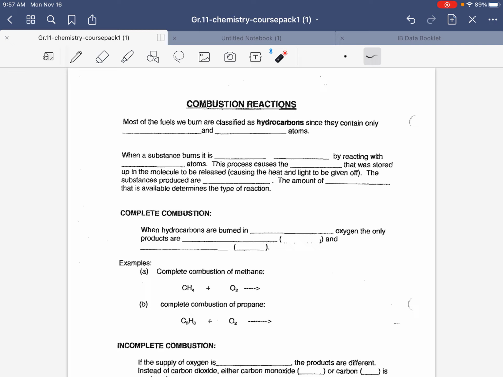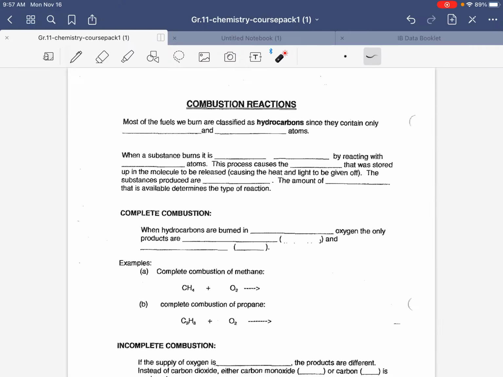We call that, of course, a stepwise reaction, where one reaction leads to another reaction. So the decomposition reactions we saw earlier made oxygen. There's a whole bunch of reactions that we saw that have oxygen as a product. Well, this oxygen can be used to drive this reaction, because this reaction is based on reacting with oxygen.